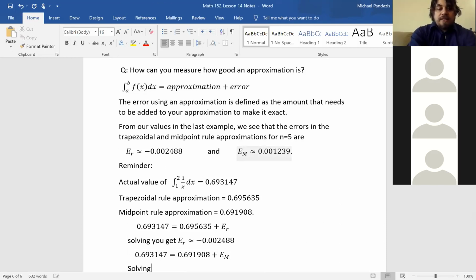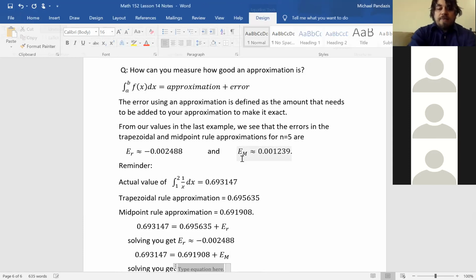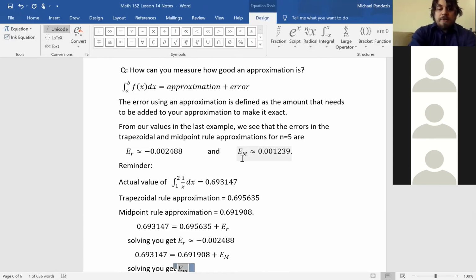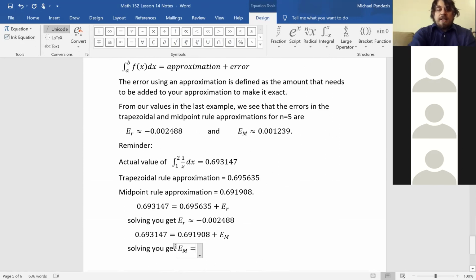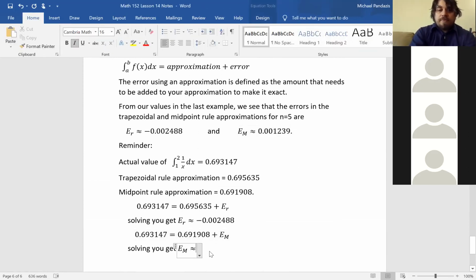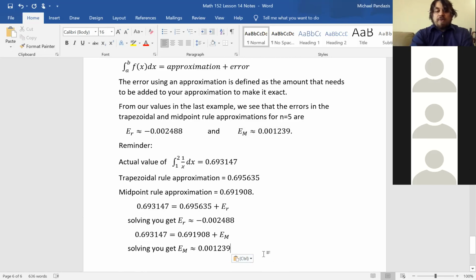And then solving, you get that E sub m is approximately this. Okay, this is from our values in the last example.